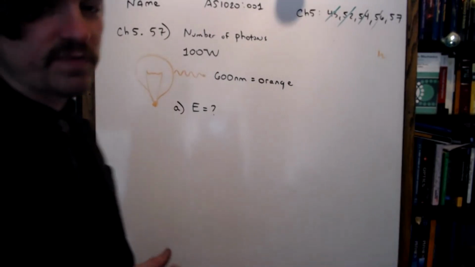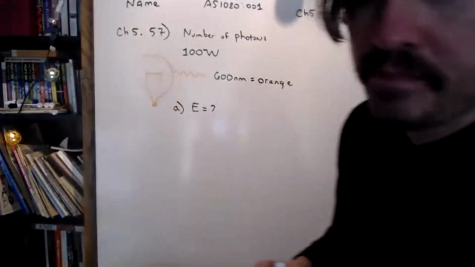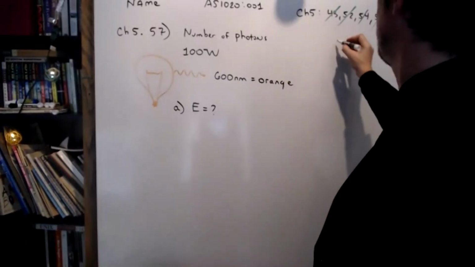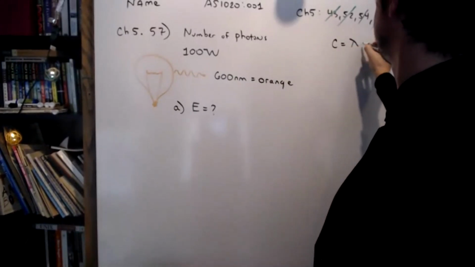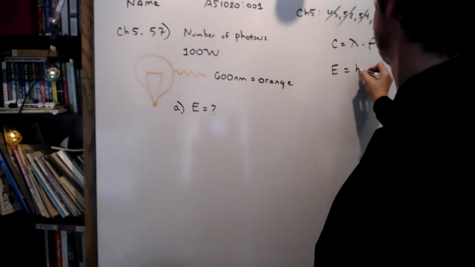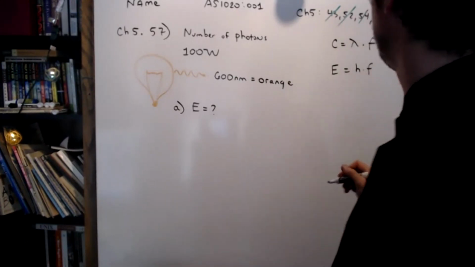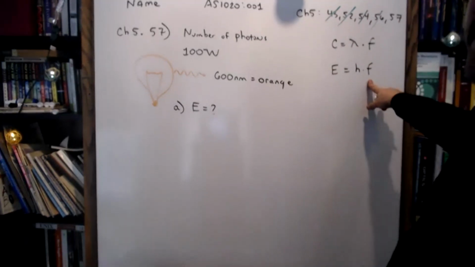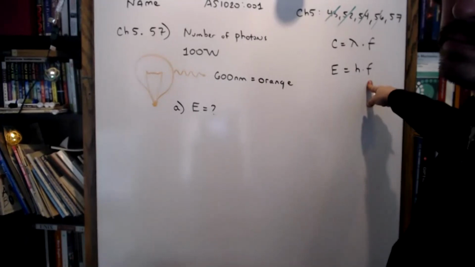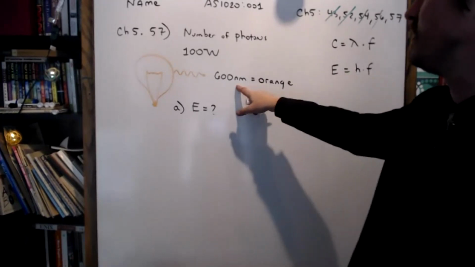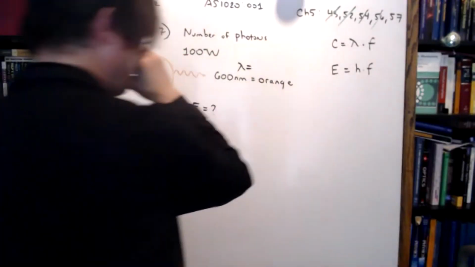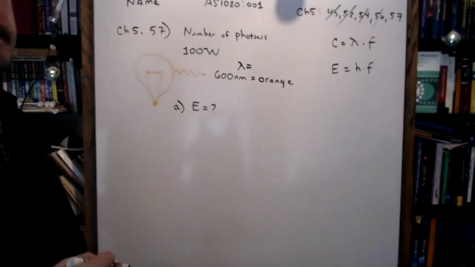What formula would I want to use for that, Wyatt? All right, so we're finding the energy. Since we have the wavelength and h, we can use E equals h times f. Well, what would be the frequency for that? 600 nanometers. No, that's the wavelength.